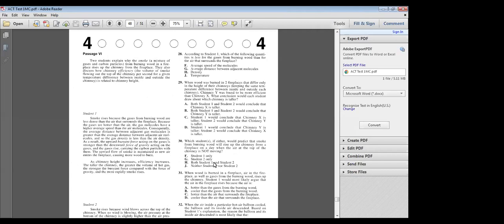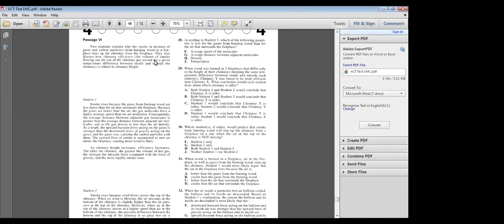All right. So 28, according to student 1, which of the following quantities is less for the gases from burning wood than for the air that surrounds the fireplace? Oh, wait, I want to do one thing first. You know how we said if we were running out of time, let's just see what we know if we read the last sentence of the introduction. It says, they also discuss how chimney efficiency, the volume of smoke flowing out of the top of the chimney per second for a given temperature difference inside and outside the chimney, is related to chimney height.